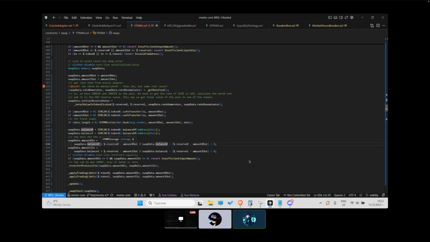They check if it's higher or lower than the amount after the user takes tokens.